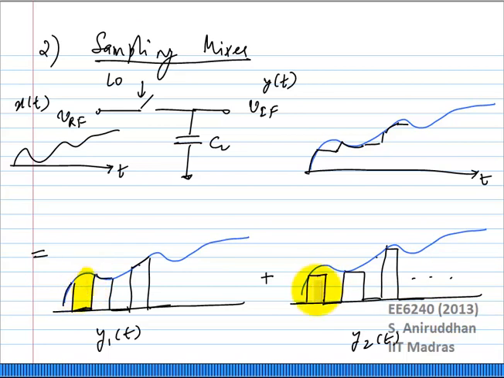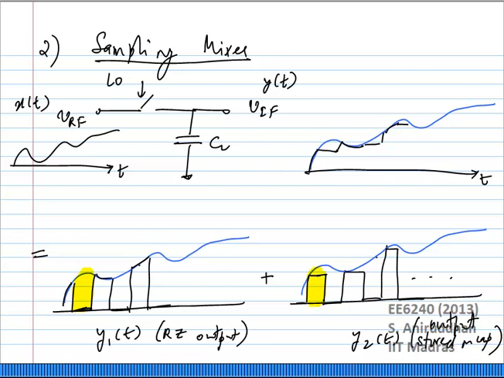I'm just showing the sample and hold behavior. So this is your return to 0 output, and y2 of t is the output stored on the cap when the switch is off.